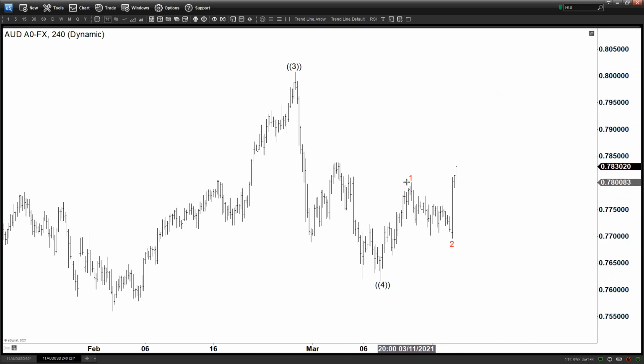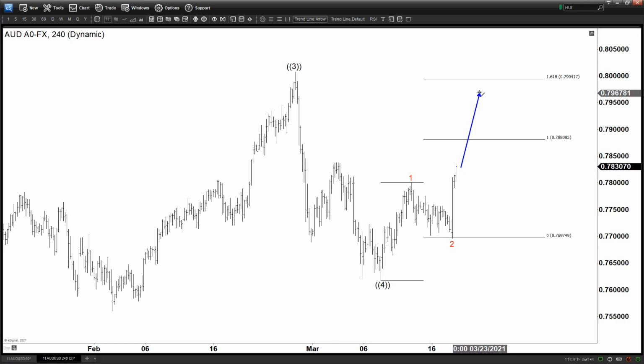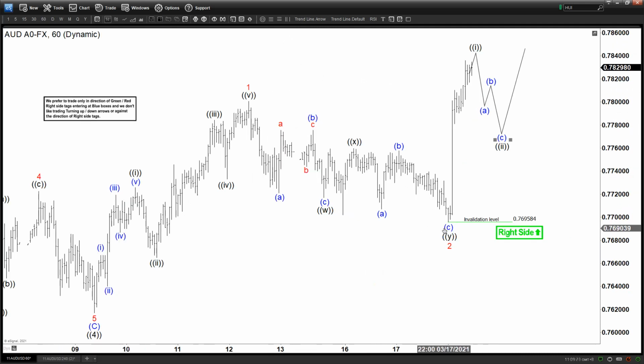From here we got this higher high. Like we said before, we have a minimum target towards 0.7877, which is the 100%, and then it can go as high as 0.8 if that is a wave 3. All right.